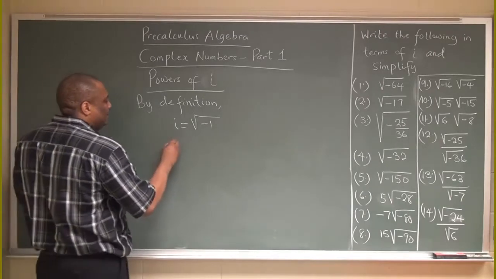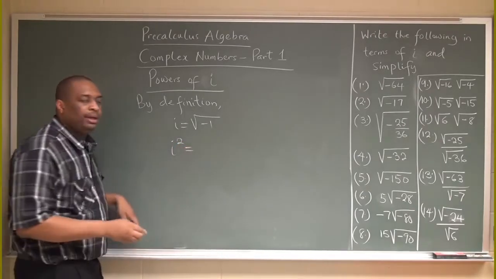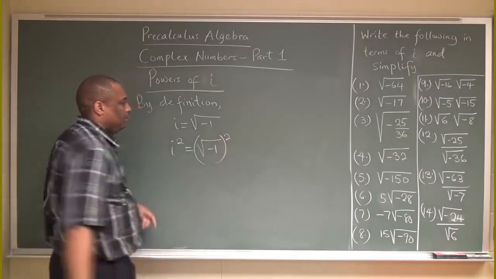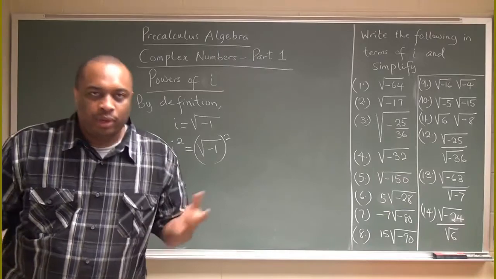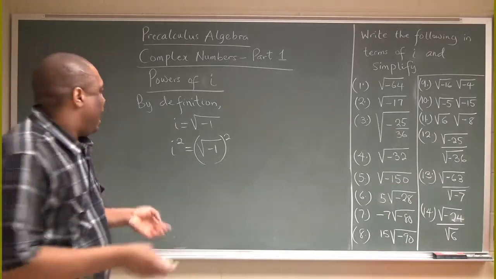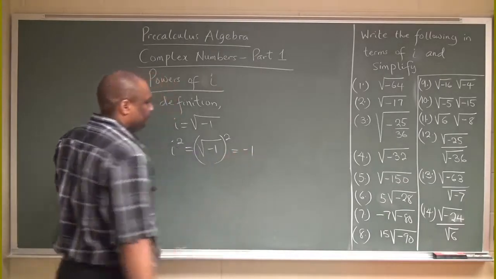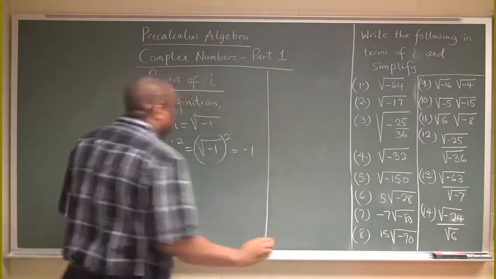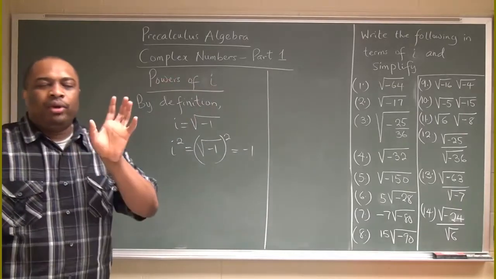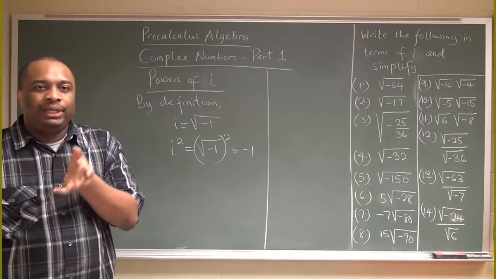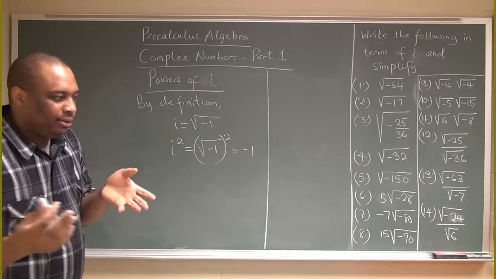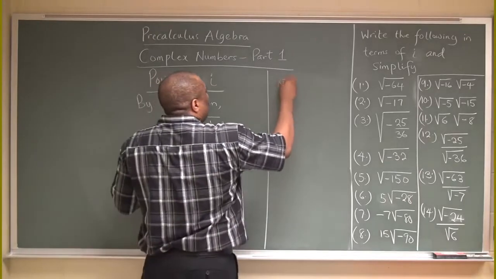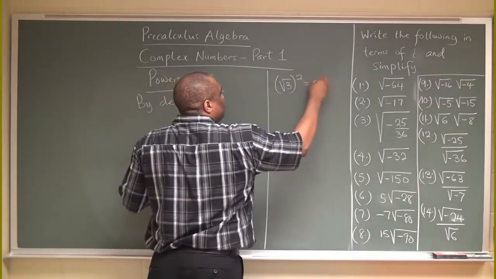Now, that means i squared will be square root of negative 1 all squared. I squared is going to be square root of negative 1 all squared. And that will give you negative 1. Now, I want you to note this. Because if you can recall when we did radicals, and the operations on radicals, square root of 3 all squared gives you 3.